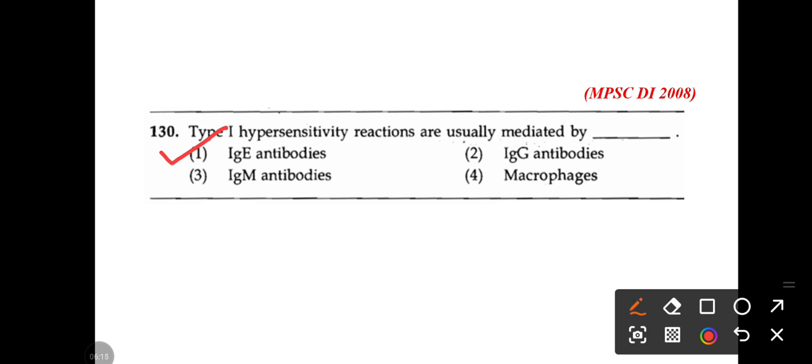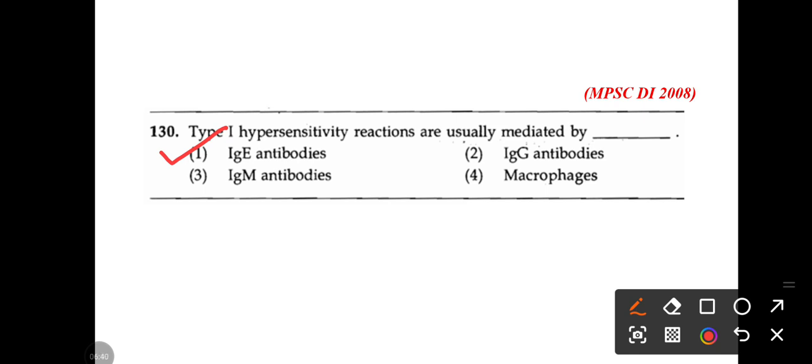Okay. So what are the examples of type 1 hypersensitivity reactions? These are anaphylactic shock or anaphylactic reactions, then atopic reactions, Krushner reactions, asthma, and all the allergic conditions. So these are examples of type 1 hypersensitivity reactions. Please remember, because sometimes they give the example and ask which immunoglobulin is responsible.